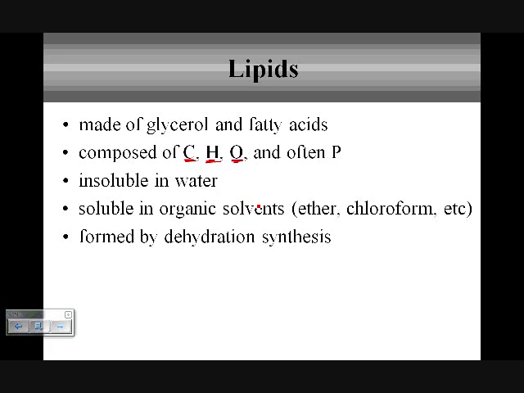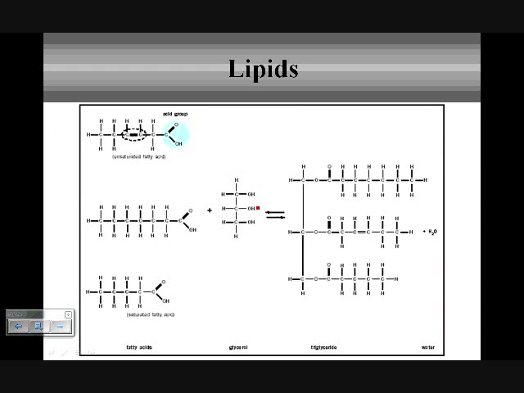Just like complex carbohydrates are formed, lipids are going to be formed by dehydration synthesis as well. So what we have here is an example of our fatty acids, right? We've got 3 fatty acids here, and we have our glycerol molecule.